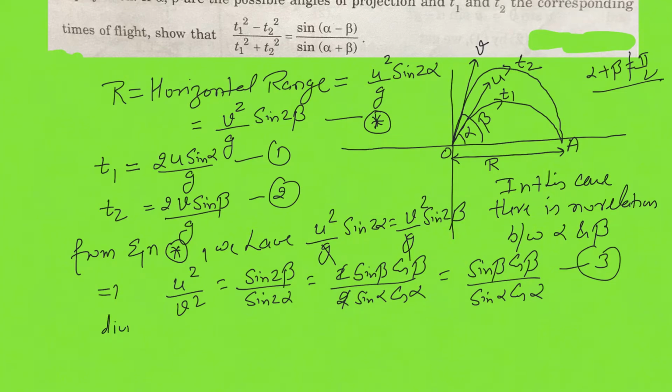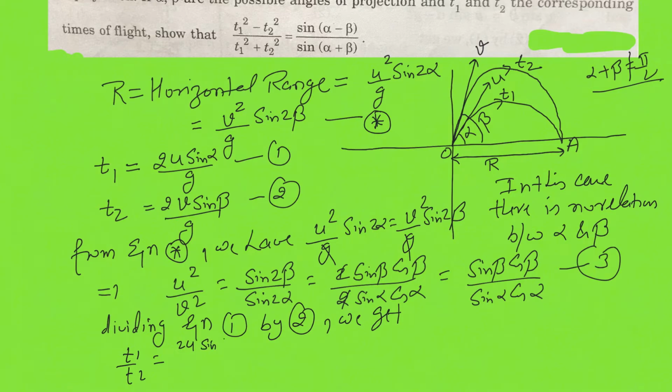Dividing equation 1 by 2 we get T1 by T2 is equal to 2u sine alpha by g divided by 2v sine beta by g, and g to g will cancel out, 2 to 2 will cancel out.